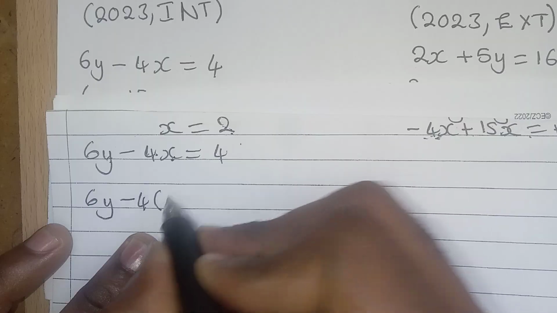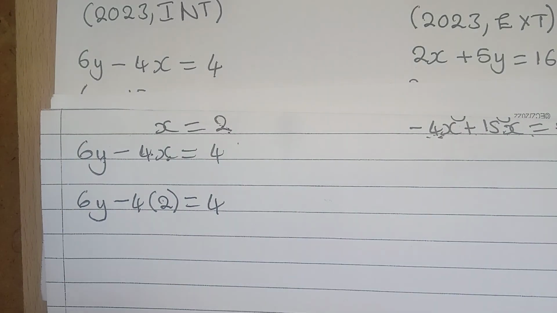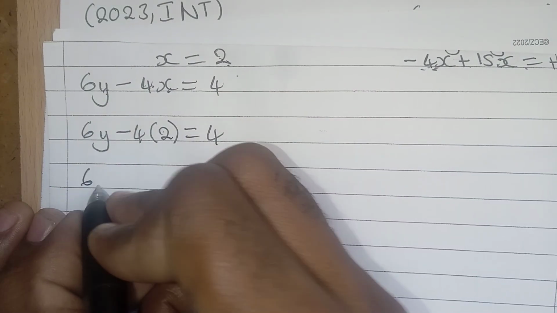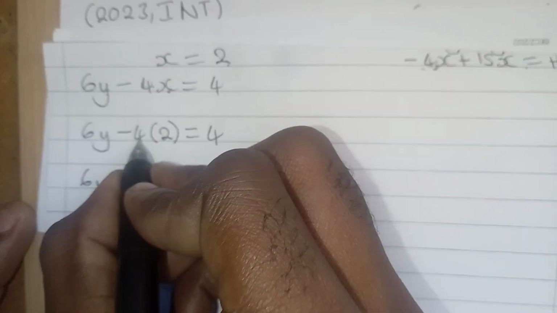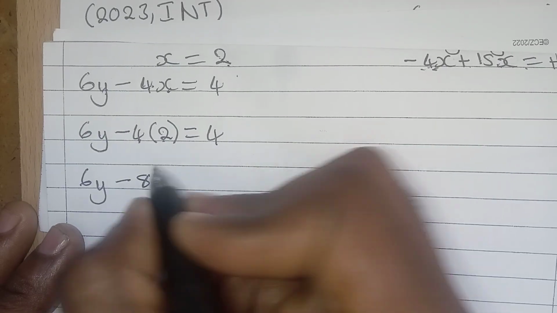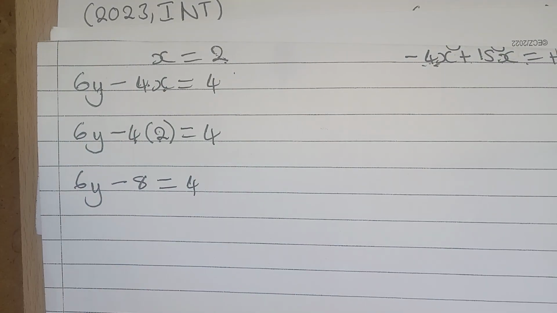So we can just put a 2 where we have an x. This is known as substitution. So we can say 6y minus 4 multiplied by 2, this is negative 8, and then everything is equal to 4.